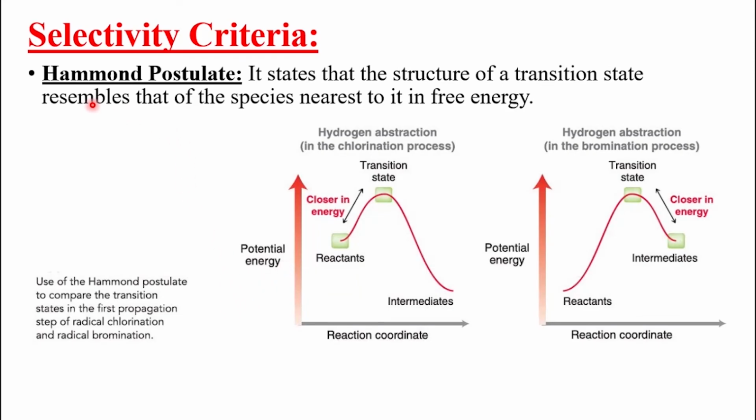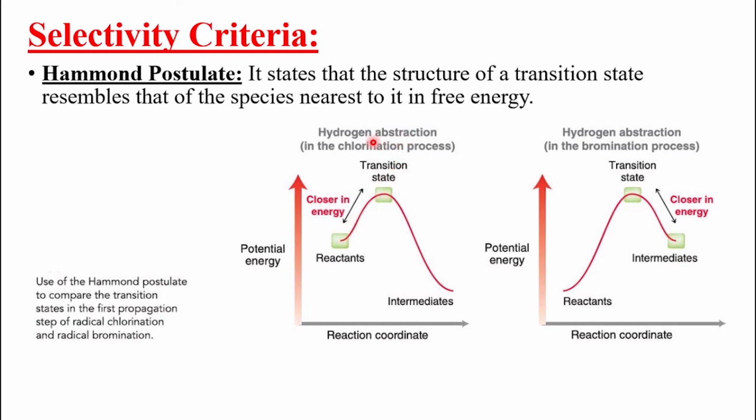Selectivity criteria can be explained by Hammond postulate. Hammond postulate says how we define the transition state structure. It states that the structure of a transition state resembles that of the species nearest to it in energy.